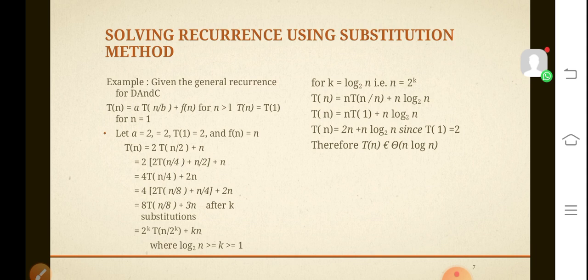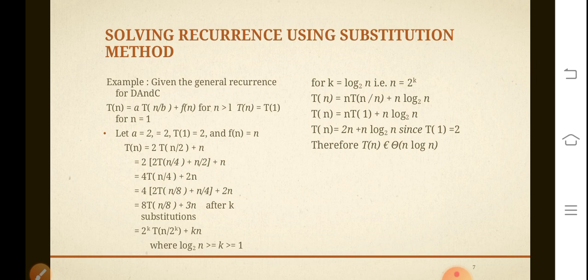Then solving the recurrence using the substitution method. How to solve the recurrence relation of the divide and conquer technique is with the help of the substitution method. Given the general recurrence for divide and conquer, T of n equals a into T of n by b plus f of n for n greater than 1, T of n equals T of 1 for n equal to 1. Let a equal to 2, then T of 1 equals 2 and f of n equals n.